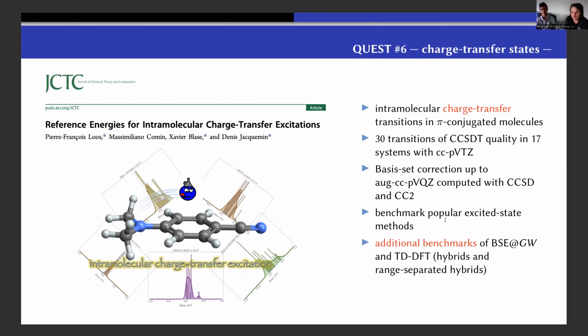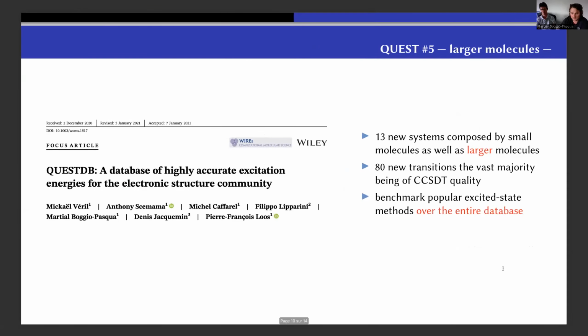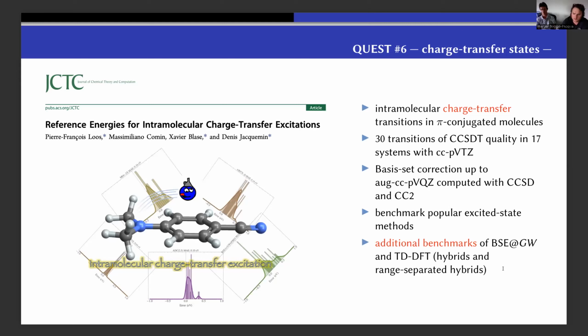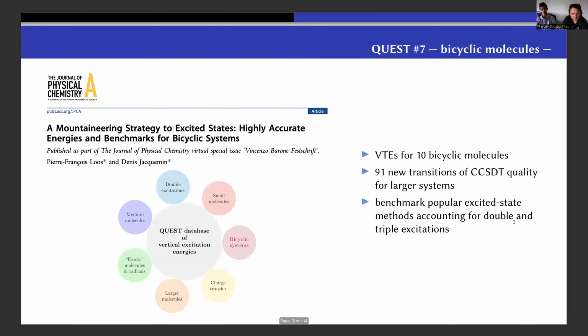That's something we did very recently with Denis Jacquemin and Xavier Blase. Here the feature is that we started benchmarking TD-DFT and the Bethe-Salpeter formalism based on many-body perturbation theory. So the latest one was this one, and basically it gives us 600 or 700 excitation energies to play with.